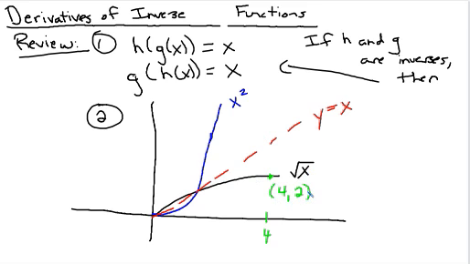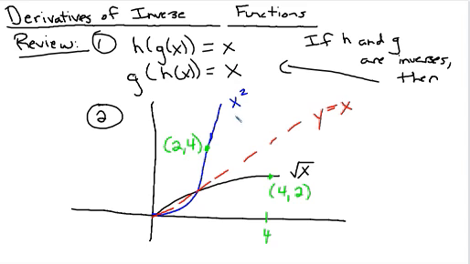And here's what's very important in these AP Calculus inverse problems. If this point 4, 2 is on this function, then on the inverse function, it is guaranteed, if they are inverse functions, there is going to be the point 2, 4.